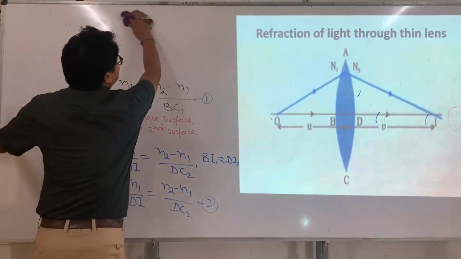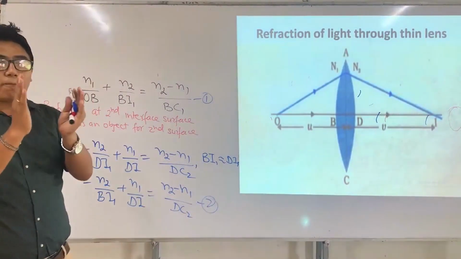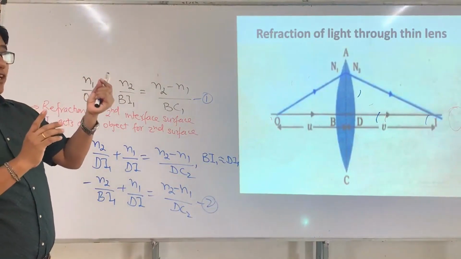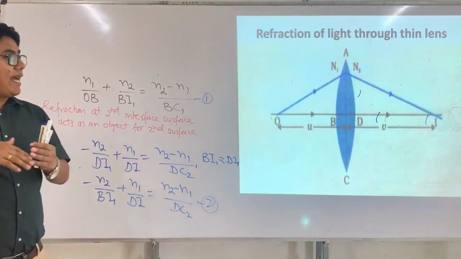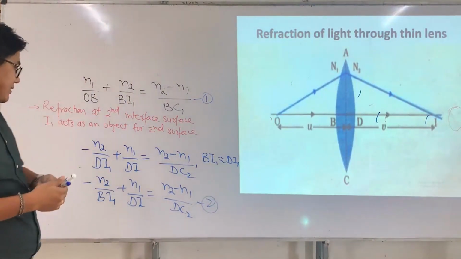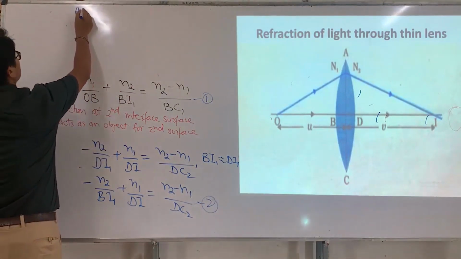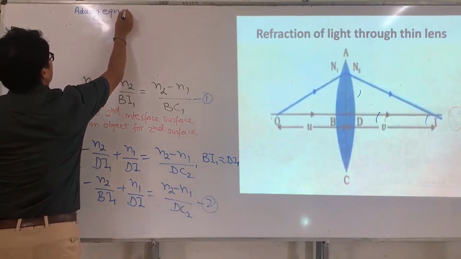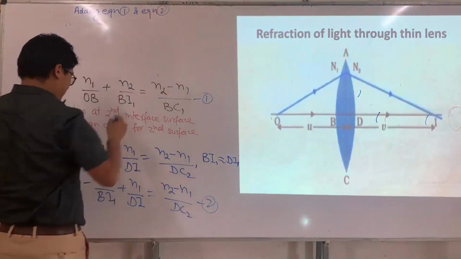I told you, to get the refraction of light through a thin lens, we have to add up two equations: one is refraction through the first surface and the other is refraction through the second surface. So adding equation 1 and equation 2.